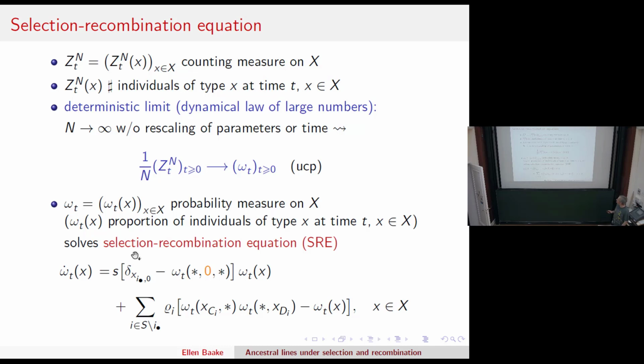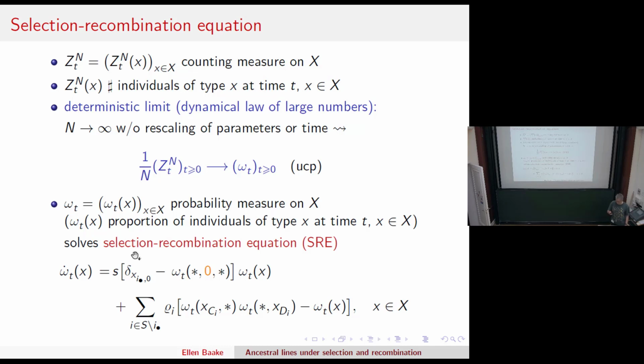And so that is S times the proportion of the good individuals. I have this somewhat sloppy shorthand here, that this means the frequency of those that have a 0 at the selected site, and no matter what at all other sites.